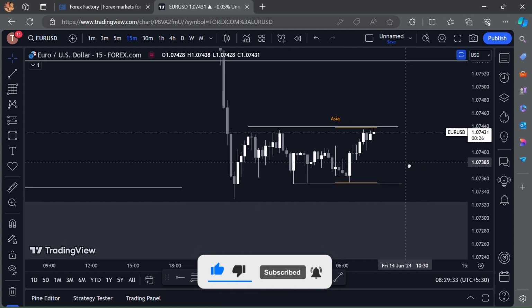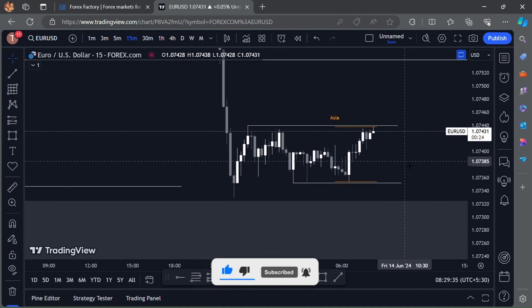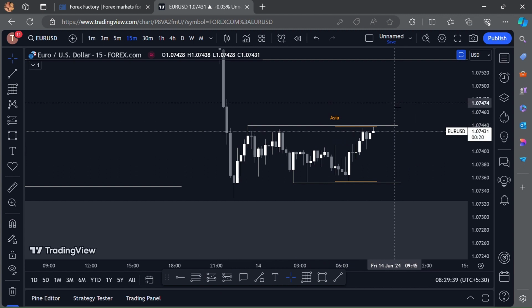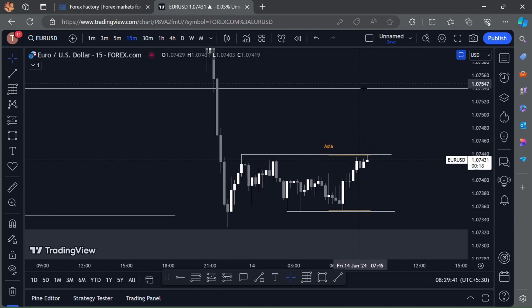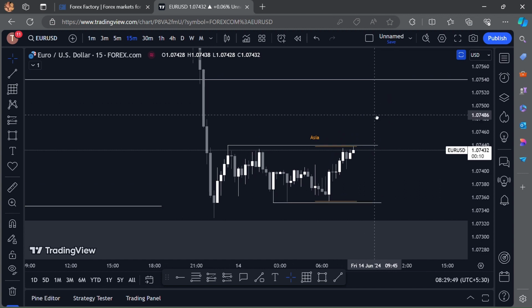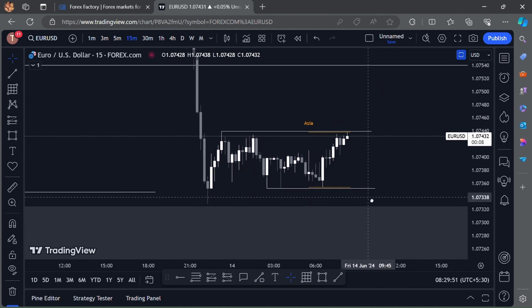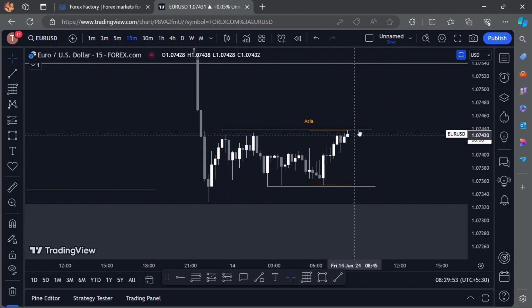So currently I'll be anticipating the price to be in the sideways zone, but my major bias will be this high because I'm anticipating the price to at least reach this range and then possibly show a reaction to either side. So for now, my bias is still not clear.